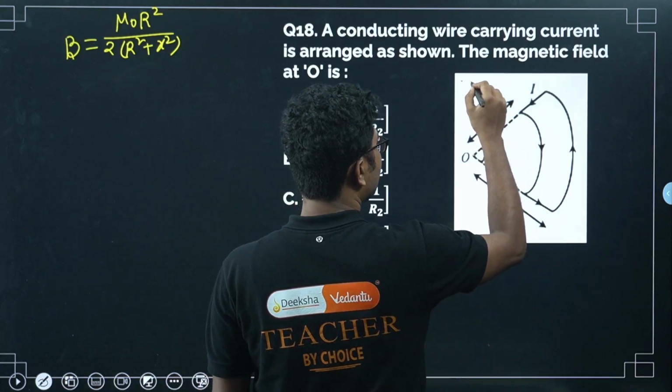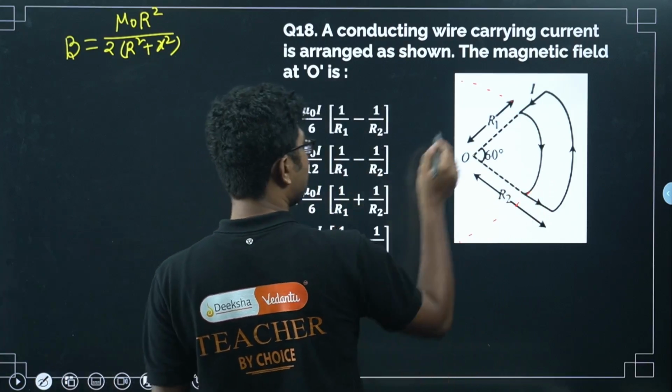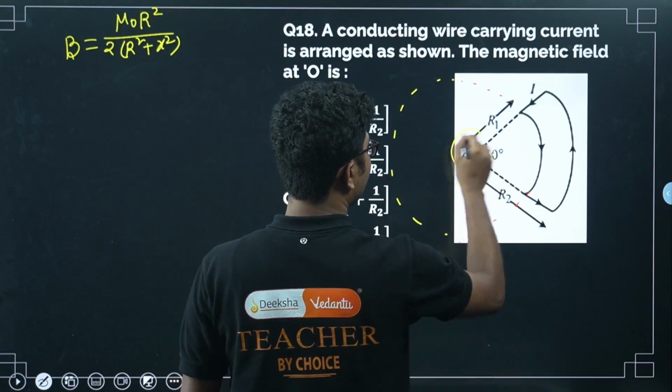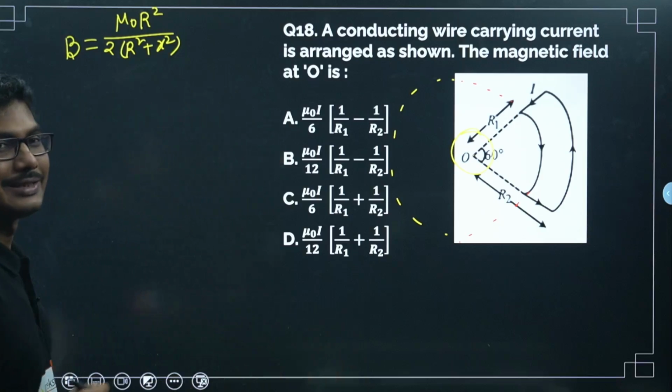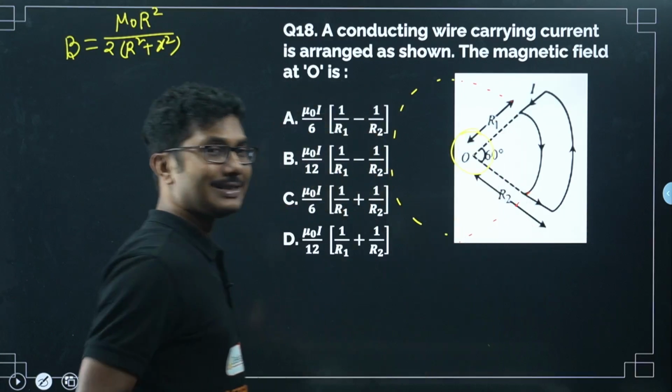So if the circle was full, then this formula is applicable. For a full circle, the total angle is 360 degrees.